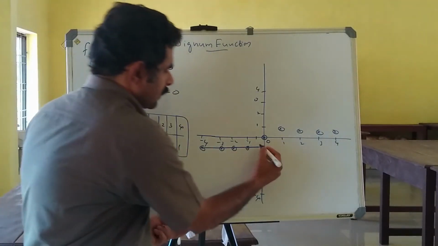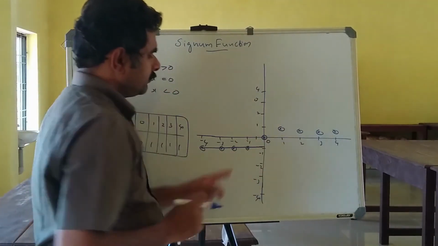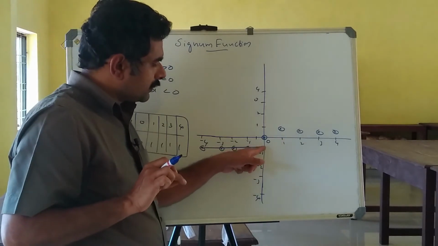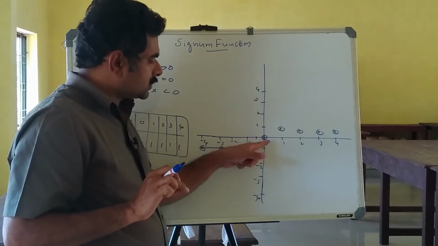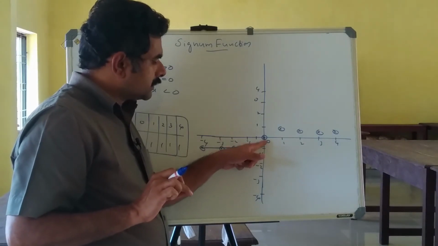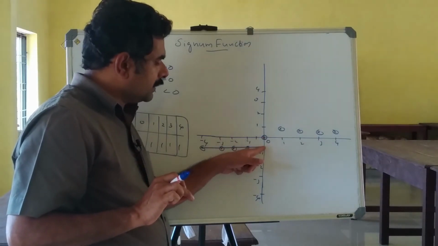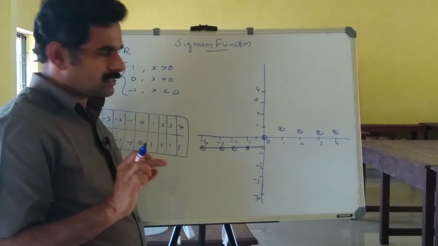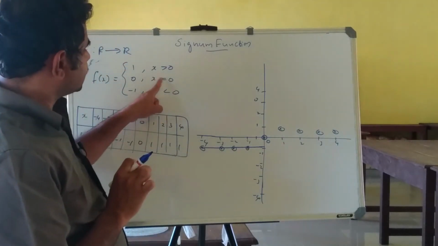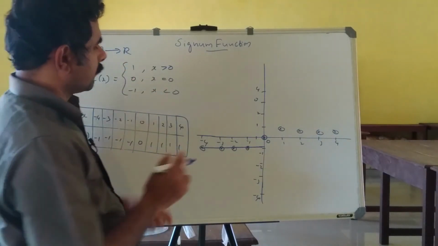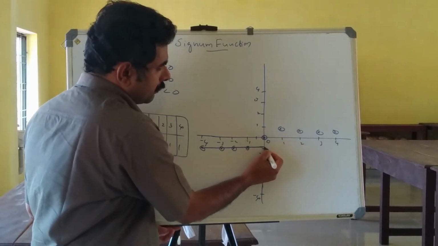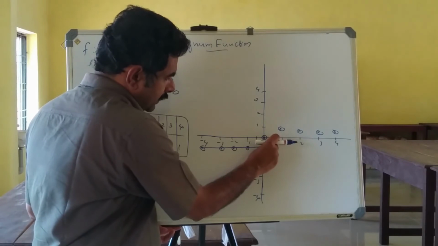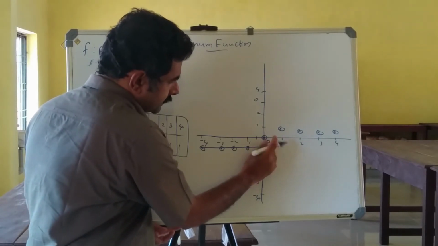If we joined this line to the y-axis, then for 0 the value would be minus 1. That is not true, because for x equal to 0 the value is 0. So you can make a gap here.